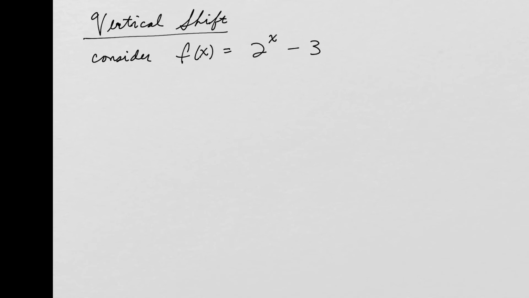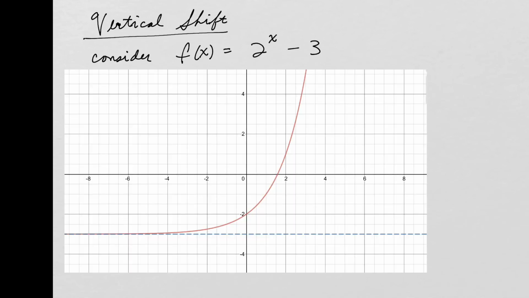Okay, so what happened in this case? Well, this is the function in the red, f of x equals 2 to the x. And then it just shifted down by 3, so minus 3. So instead of having a horizontal asymptote at y equals 0, we now have a horizontal asymptote at y equals negative 3. So that's the only difference.